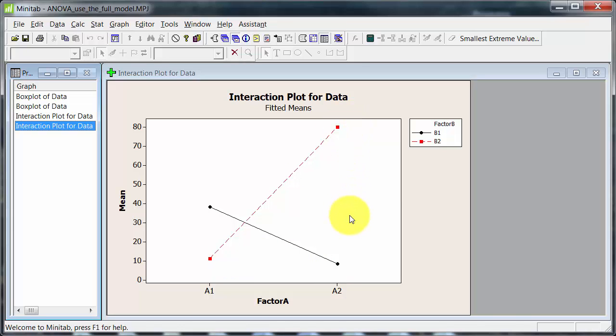A very similar pattern for both factors here because that's the way I set the data up. But the marginal means, all A1 versus all A2, and all B1 versus all B2, give very misleading ideas about what's going on because there is a very large interactive effect in the set of data. That's all.